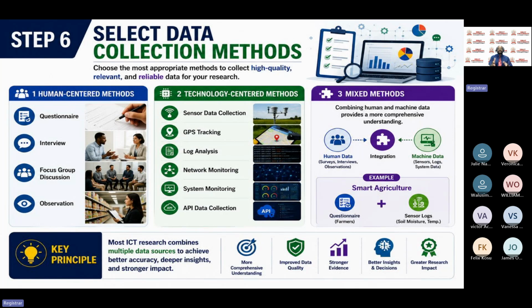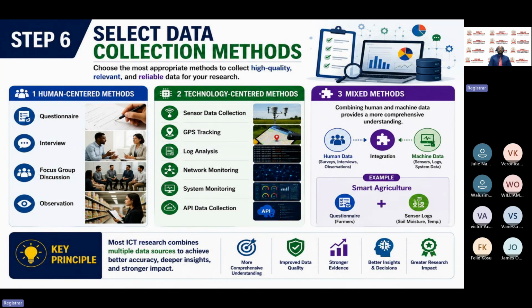For example, the research which I am currently working on is smart agriculture: the questionnaire from farmers, the sensor logs like soil moisture, temperature, and light intensity, the fertilizer capacity, automation for fertigation, automation for keeping the moisture content. All these things are a combination.